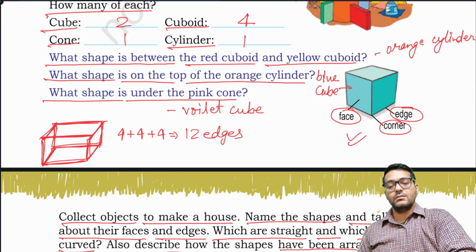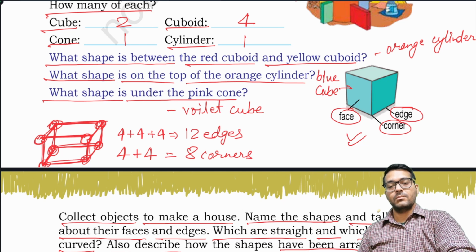If you see corners, that is 1, 2, 3, 4 at the top, 5, 6, 7, 8. That is 4 plus 4. That is 8 corners.